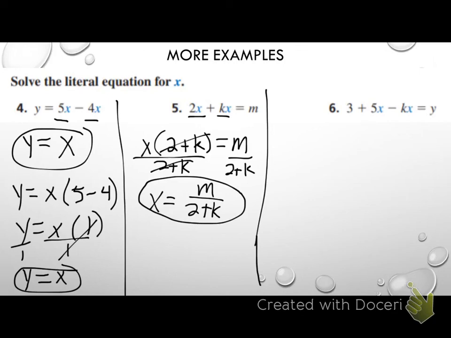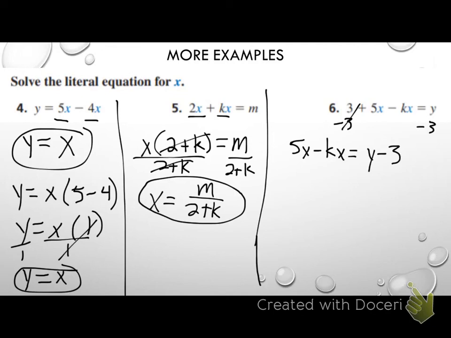So do they all have an x in common? No. Two of them have an x in common. So what do you think I need to do with that 3? Yeah, subtract 3 from both sides. So I get 5x minus kx equals, can I combine y and 3? No, so I leave it as y minus 3.